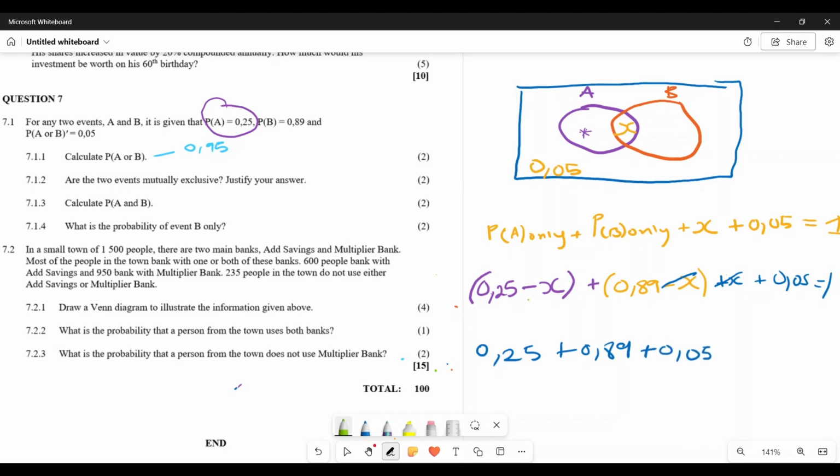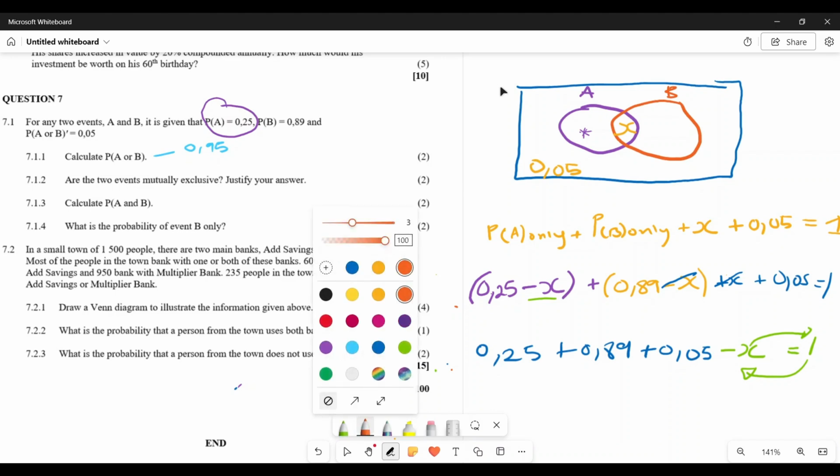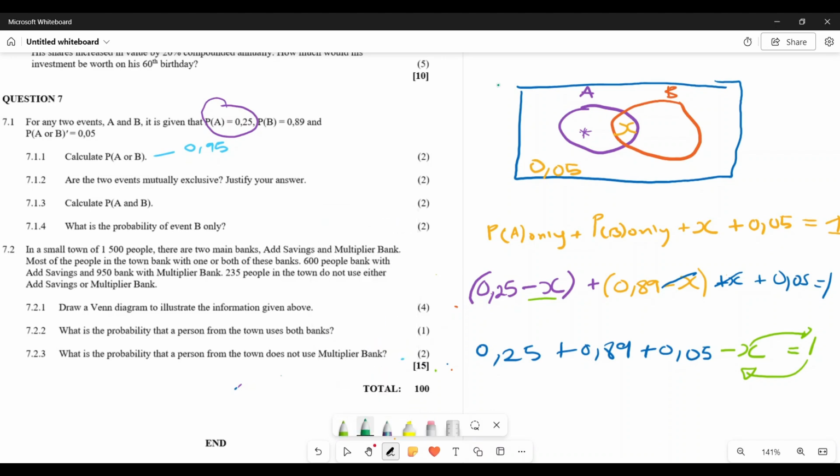And I am left with this negative X. And all of this, as I've said, it should be equal to 1. So what's left is that I'm going to take this X to the other side, and I'm going to take this 1 to this side, right? And therefore, I would find the value of my X. So basically, my X is equal to 0.25 plus 0.89 plus 0.05 subtracted by 1, right?